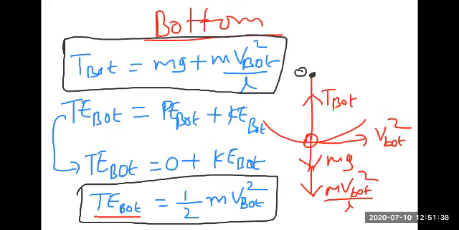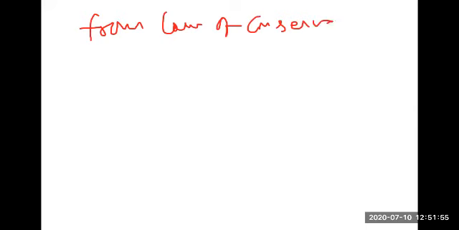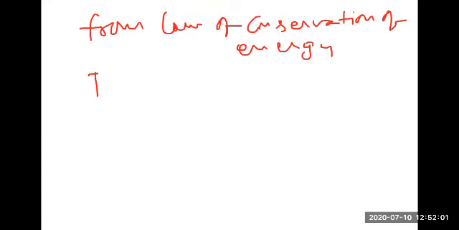So from the law of conservation of energy, what can we write here? Total energy at any point is the same, that is, total energy at bottom is equal to total energy at top.